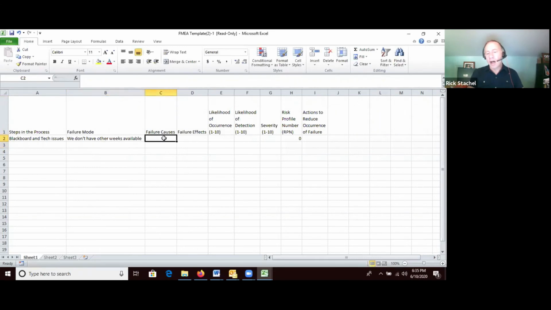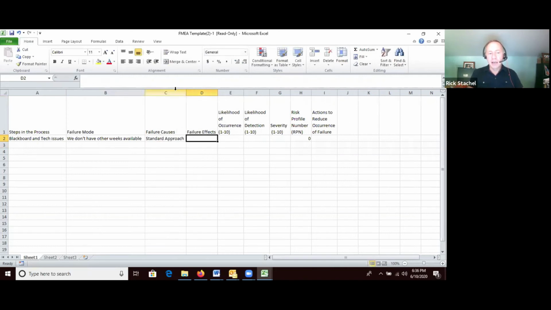Well, the cause of that is primarily that's the standard approach for the university. What are the effects of that? Like, why is that an important thing to be able to view that? It allows you to plan ahead. Okay.